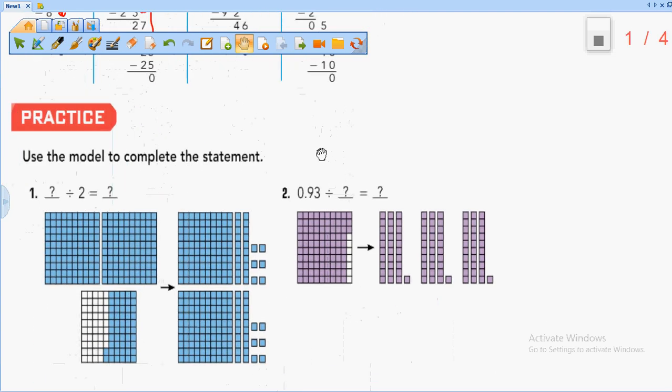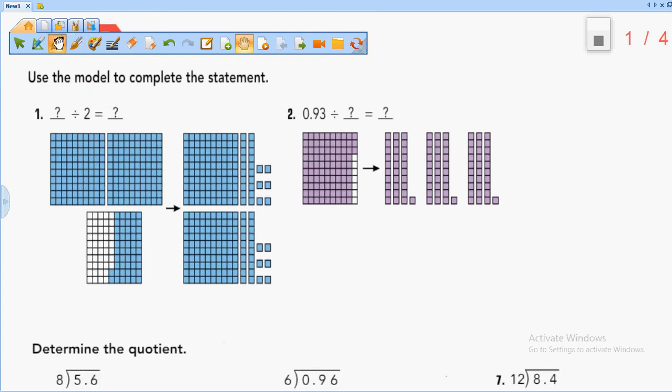Now let's go to our lesson. Use the model to complete the statement. Look here, I have one whole number, two whole number, and 1, 2, 3, 4, 5 tenths.